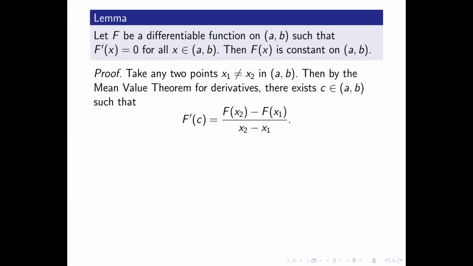But the hypothesis is that the derivative of f is always 0, so f prime of c is 0. And therefore f of x1 has to equal f of x2. Okay, so that finishes the proof of the lemma. Do you have any questions?